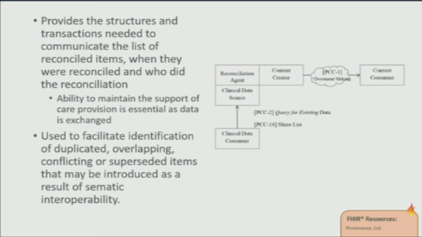The Recon profile builds upon that, saying, well, great, QEDM simply says, give me all current allergies. But all current allergies may not actually be what you really want to know. What you really want to know is, what's the reconciled list of allergies?